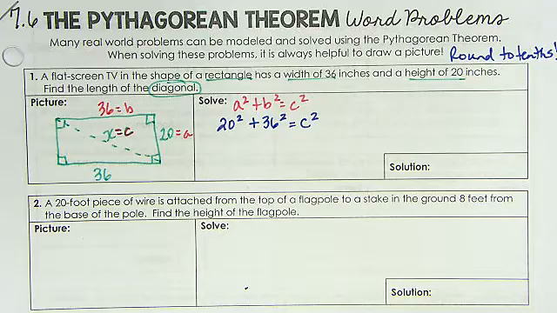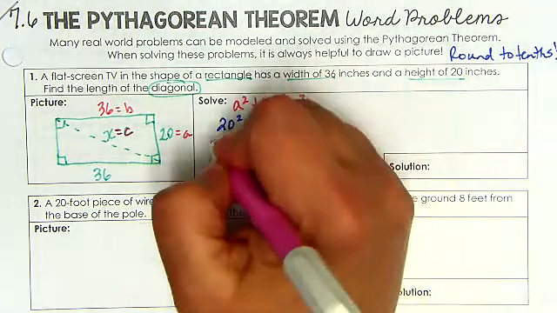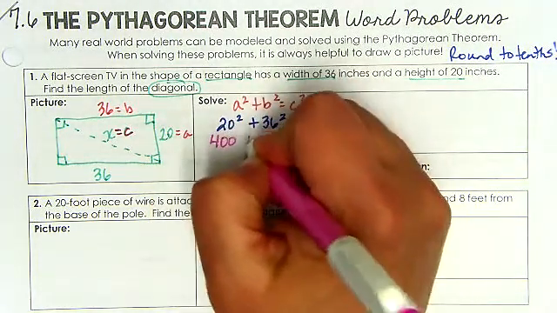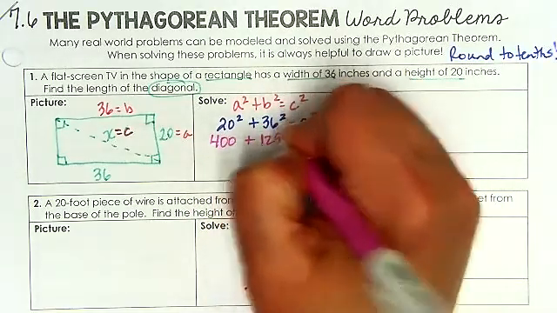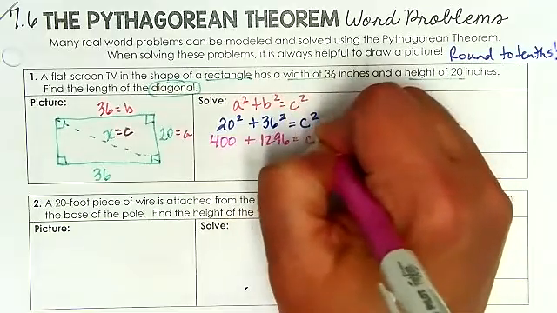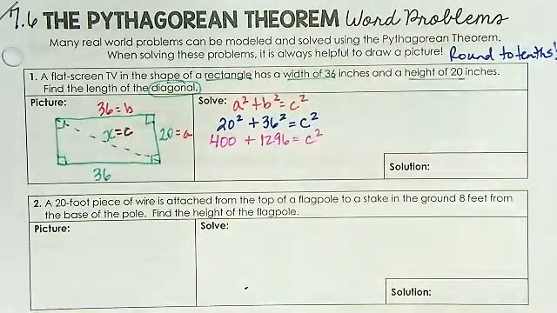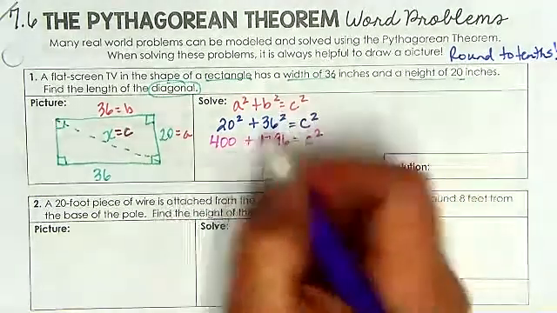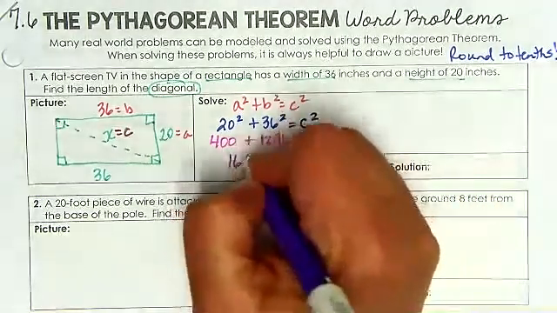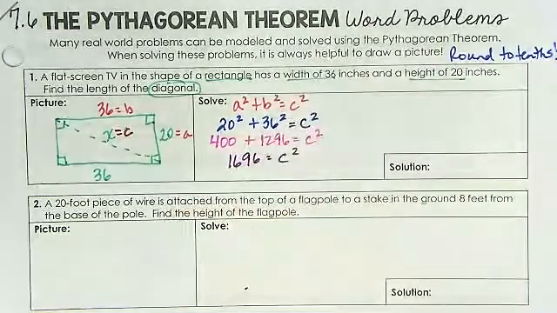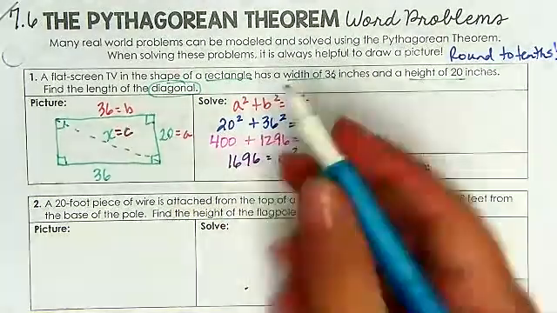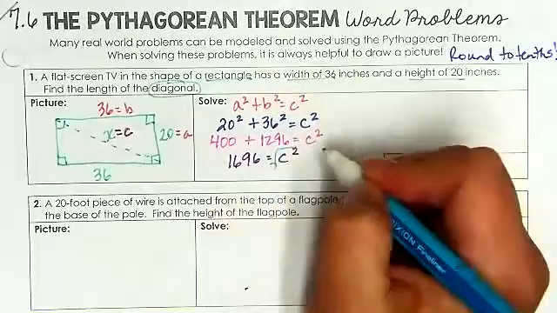Now we simplify. 20 squared is 400 plus 36 squared is 1296. And yes, you get to use a calculator, equals C squared. Now we combine these two like terms, and that becomes 1696 equals C squared. And now we take the square root because I want to know what just C equals.